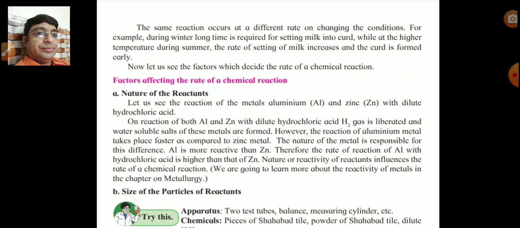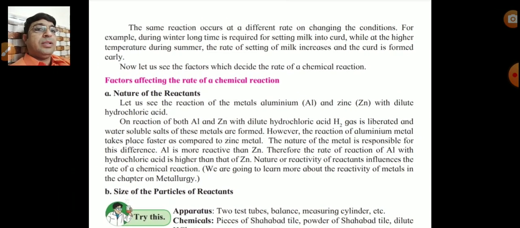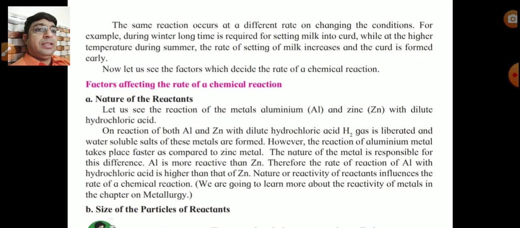Check here. For example, during winter, a long time is required for setting milk into curd, while at the higher temperature during summer, the rate of setting of milk increases and the curd is formed early.